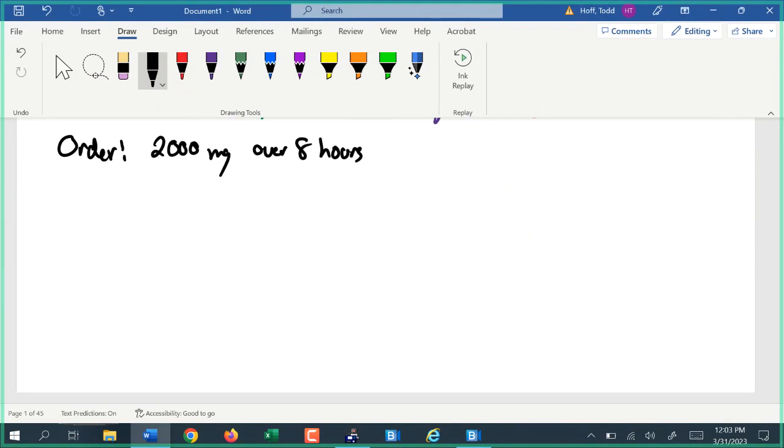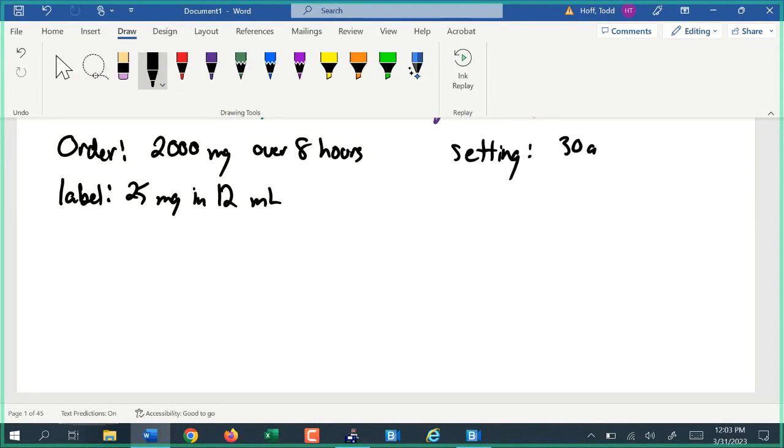And we see that the label on the bag is showing that it's 25 milligrams in 12 milliliters. And we can see that the old setting was 30 drops per minute as the flow rate, but we don't know the drop factor.